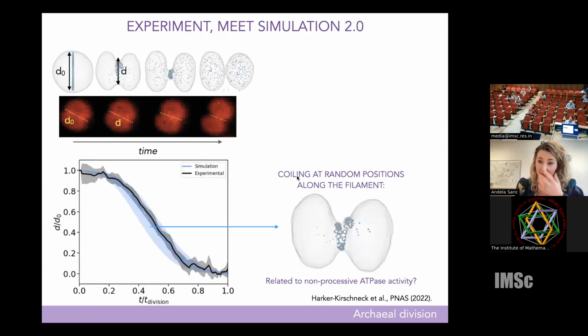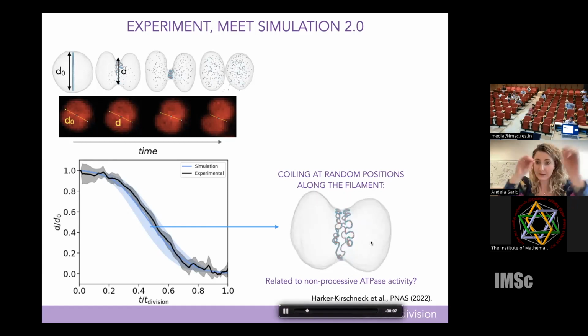We go back to simulations and we tried a lot of protocols, because now you can think you can coil with a certain rate from one end, from both ends, at random spots. And we realized that the only way we can get the experimental curve, and we do it without any fitting, is if the filament coils at random positions, which mimics the way these ATPases chew out the bottom template.